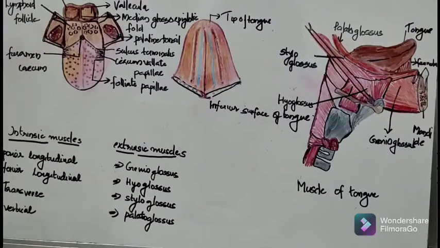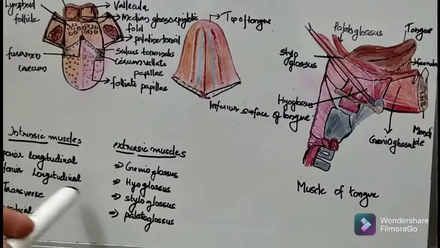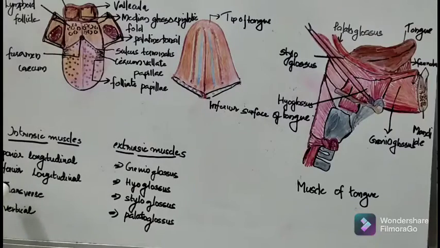Inferior longitudinal shortens the tongue and makes the dorsum convex. The transverse muscle is involved in the elongation of the tongue as well as making the tongue narrow. And the vertical muscle is involved in making the tongue broad as well as flattened. So these are the functions of the intrinsic muscles.